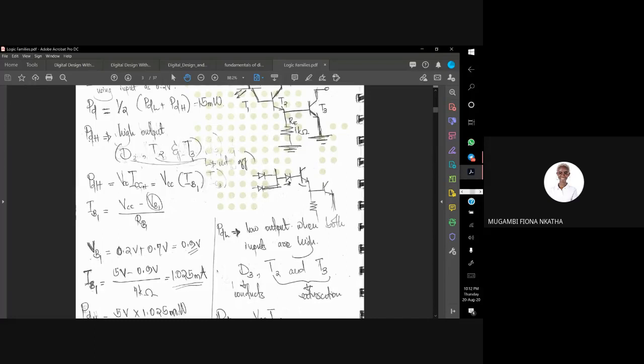It's an input low, so we are assuming our logic low is 0.2 volts. So it will be 0.2 volts plus the voltage across the diode, which will be equal to 0.9 volts. That's the assumption that we make now.